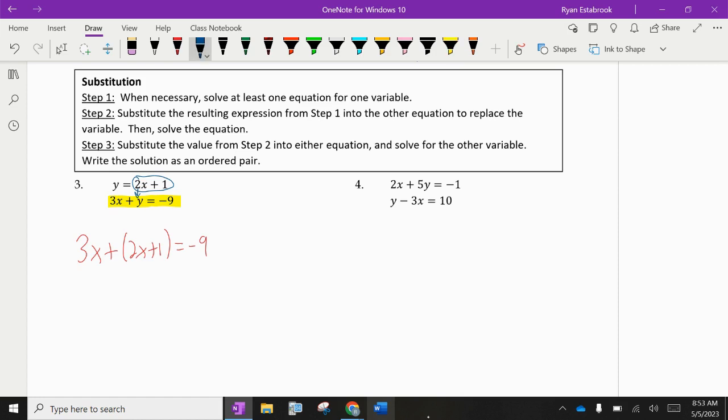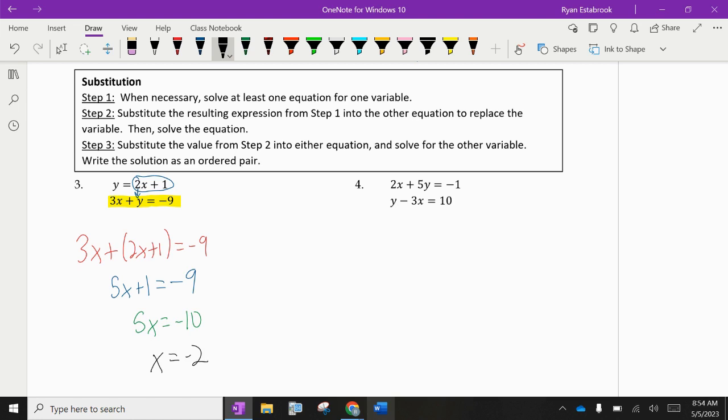And because there's only one variable, we can actually solve this one algebraically. Combine like terms that are on the left. Subtract 1 from both sides. Divide both sides by 5. We have x equals -2.